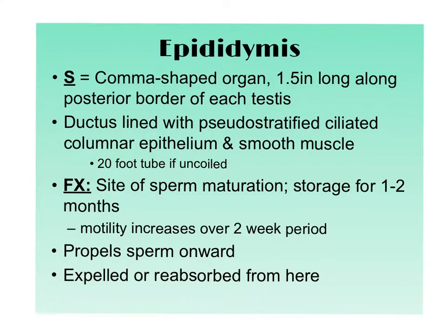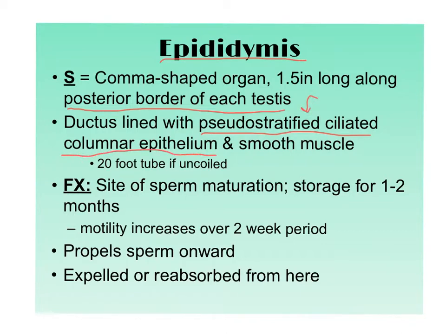Alright, now quickly going over each of these ducts or tubes which the sperm will travel through. First, the epididymis. You're not going to need to know it's comma shaped. You need to know it is posterior, or behind, each of the testes. I highly doubt you're going to need to know that it's lined with what's called pseudostratified ciliated columnar epithelium.